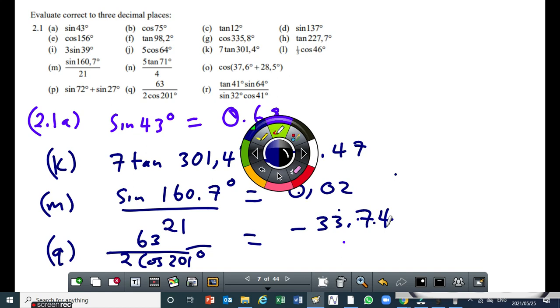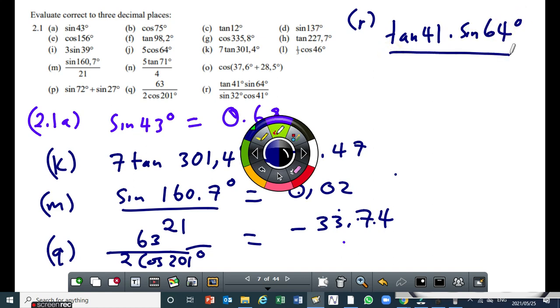Then the last one is question R. Now to do question R, I'm going to do it at the top here. Question R is tan 41 times sine 64 degrees, all over sine 32 degrees times cos 41 degrees.